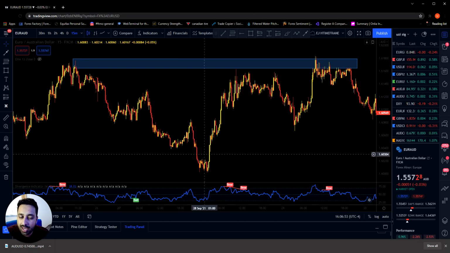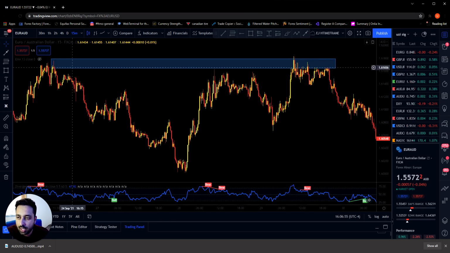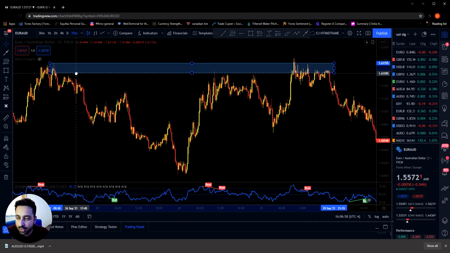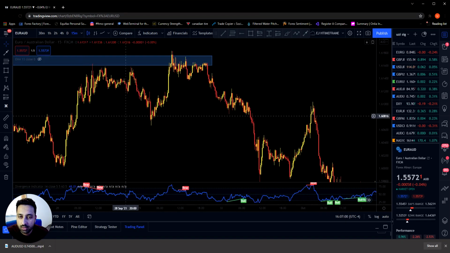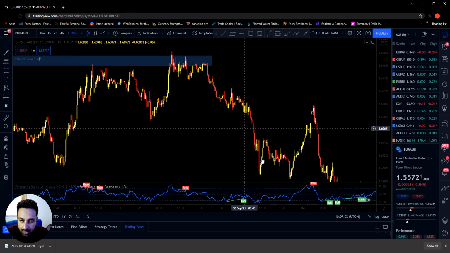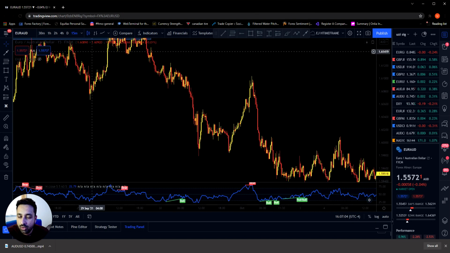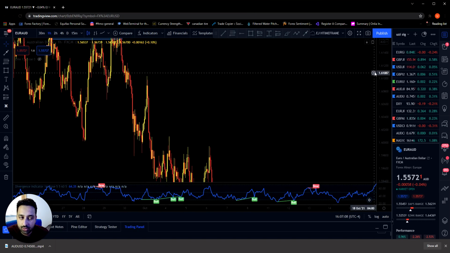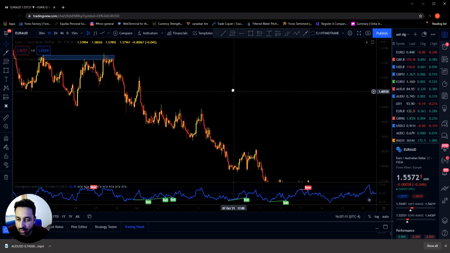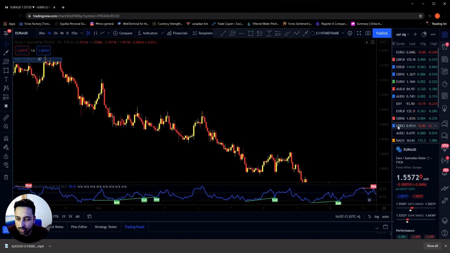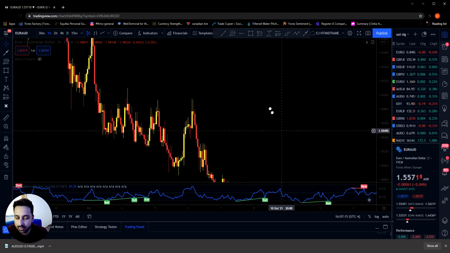But we just want to look for more high probability trades. Like this would be a more high probability trade in here. That would be a really good supply area. On the 15-minute, it's a little unclear, so we'll switch back to our 1 hour. Here's another example.